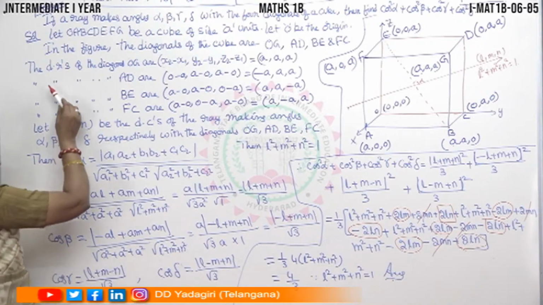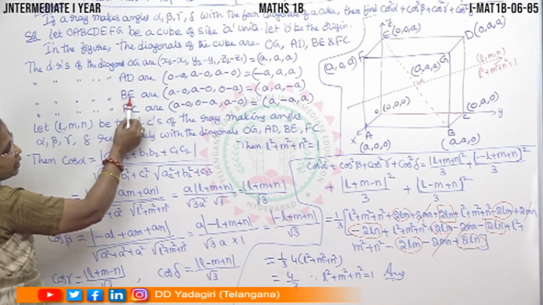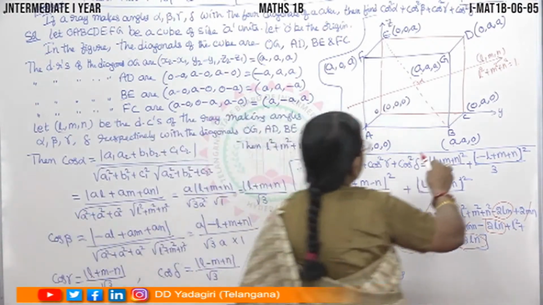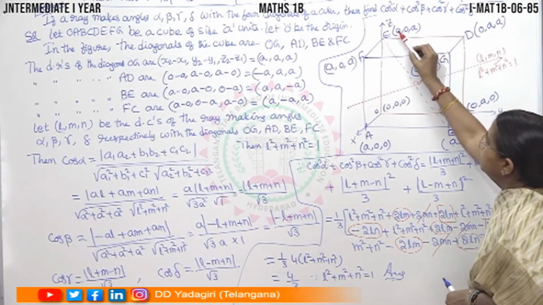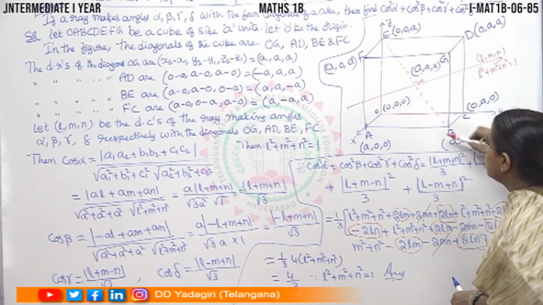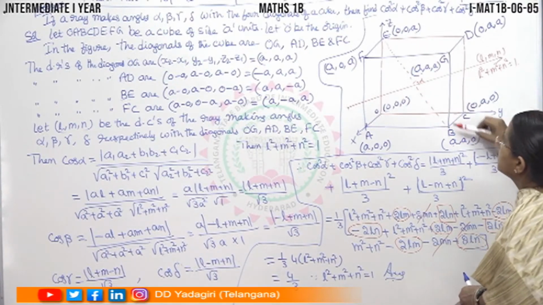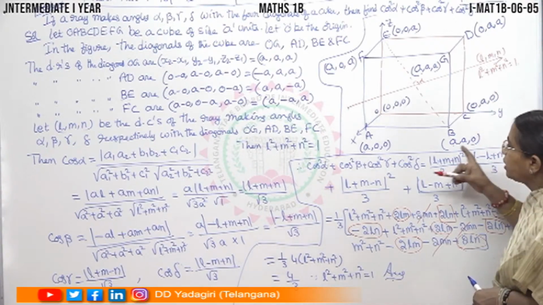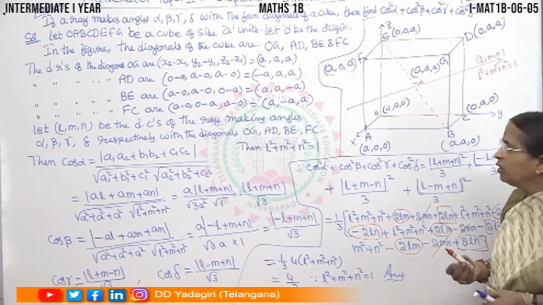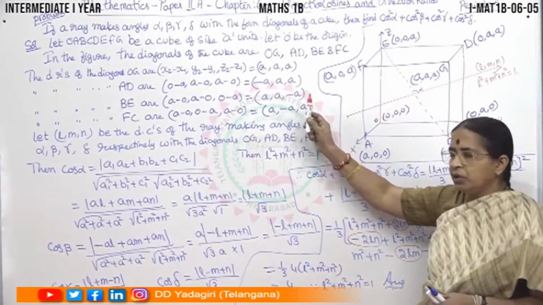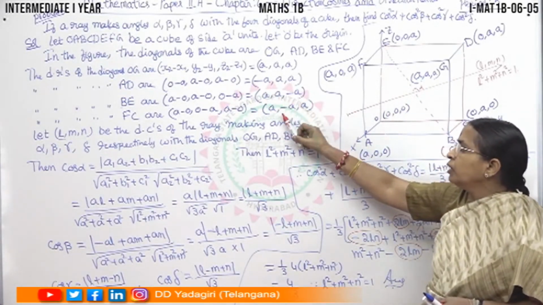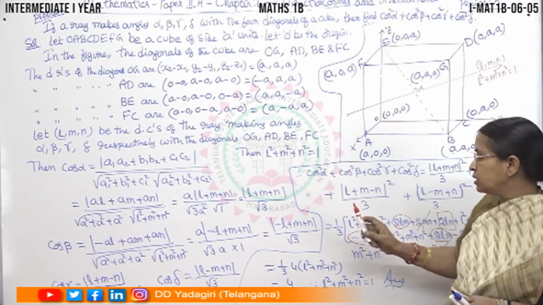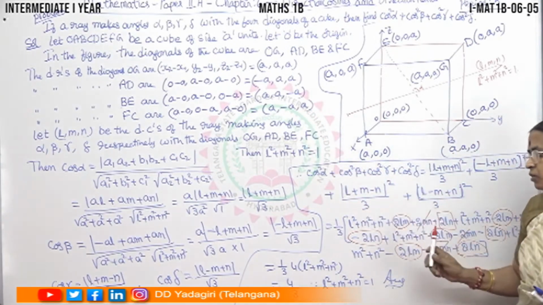So as I said, when you take the direction ratios of BE, if you subtract 0 minus a, 0 minus a, a minus 0, you'll get 2 negatives and 1 positive. Just avoid that. You can take it that way also, but just avoid it, so that you have only one negative sign, which makes it easy to simplify these values.